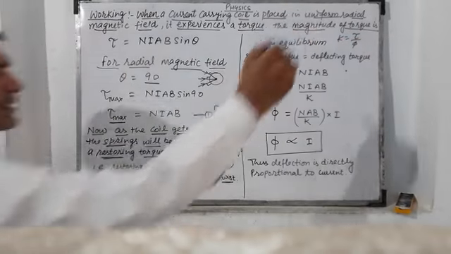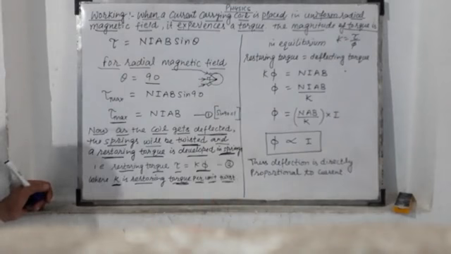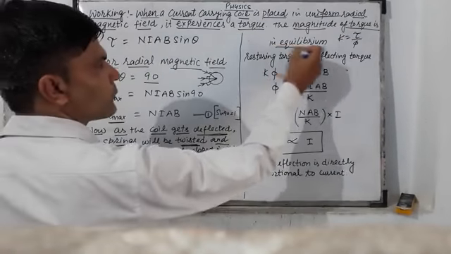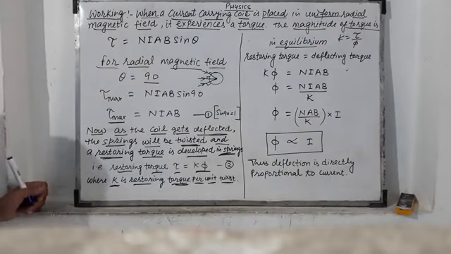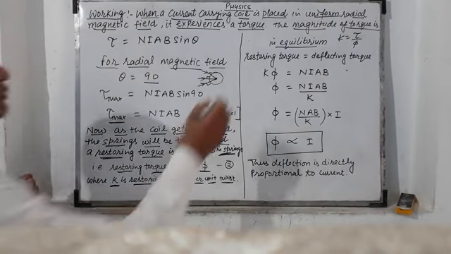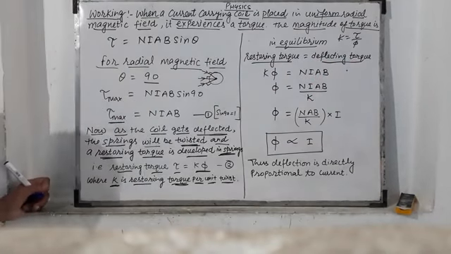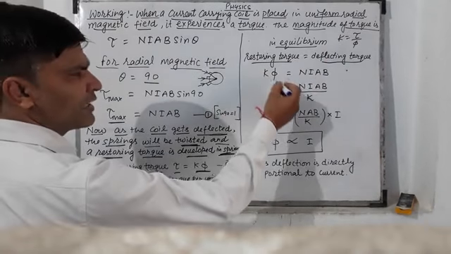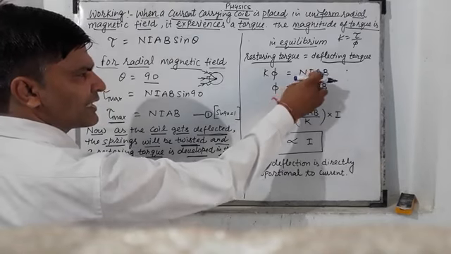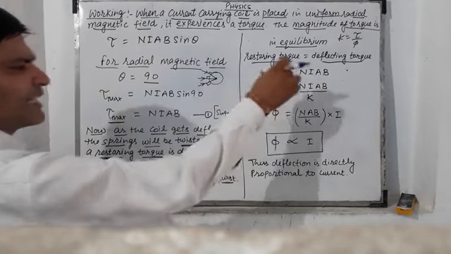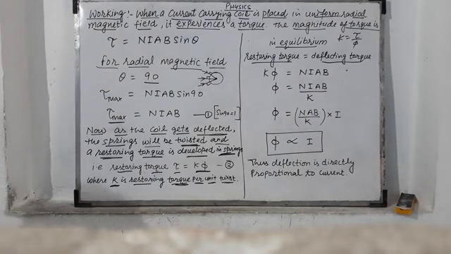In equilibrium, the deflecting torque and the restoring torque are both equal. Put the value of both: K phi is equal to NIAB. Phi is equal to NIAB upon K.